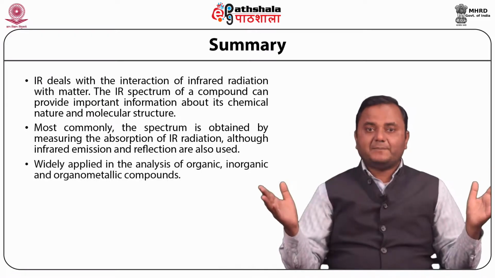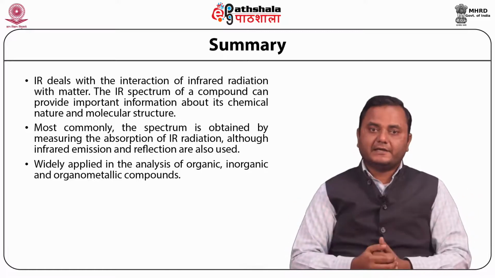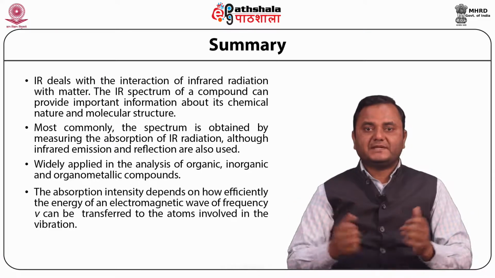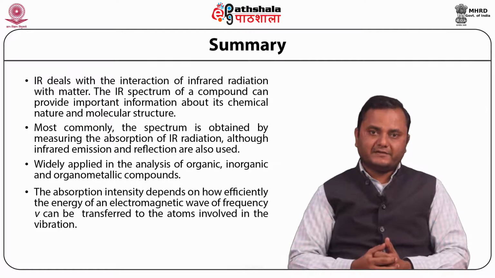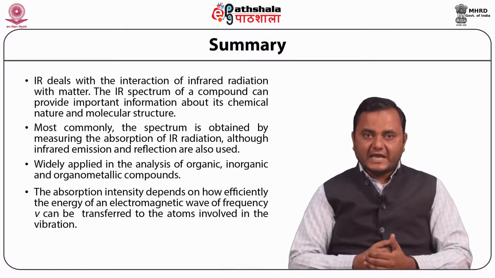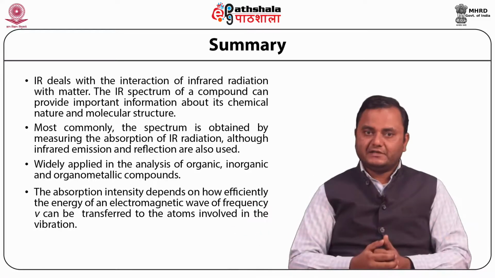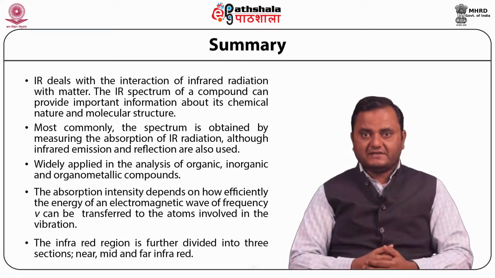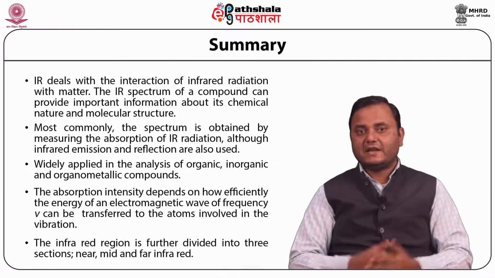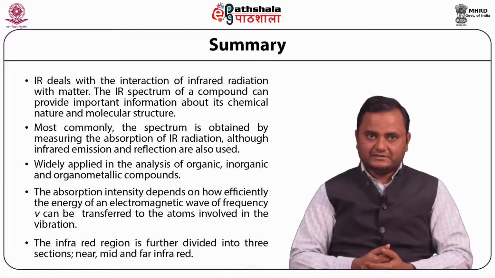It is widely applied in the analysis of organic, inorganic, and organometallic compounds. The absorption intensity depends on how efficiently the energy of an electromagnetic wave of a given frequency can be transferred to the atoms involved in the vibration. The infrared region is further divided into three sections: the near IR region, mid IR region, and far IR region.